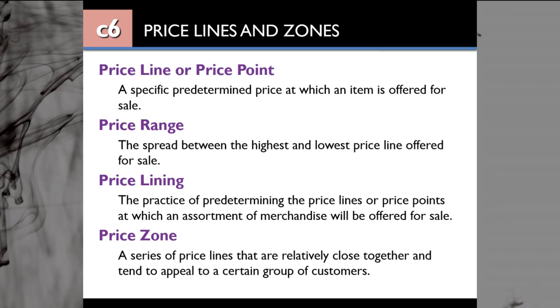And a price zone is a series of price lines that are relatively close together and tend to appeal to a certain group of customers. So you can have a really low price zone, a middle one, or a prestige price zone. You can have a big zone to determine how you can attract a certain group of your customers. And you may have a few different price zones, or one specific price zone.